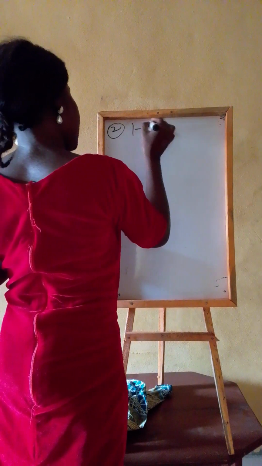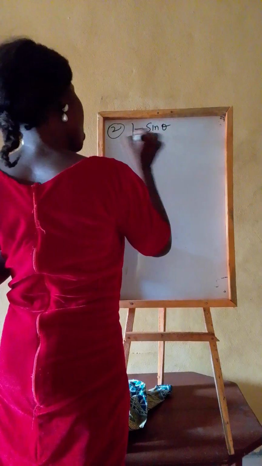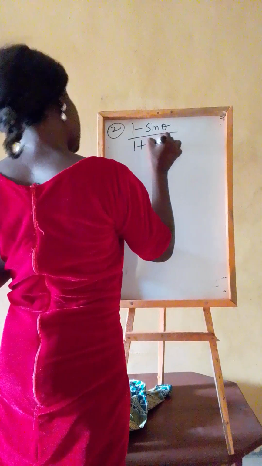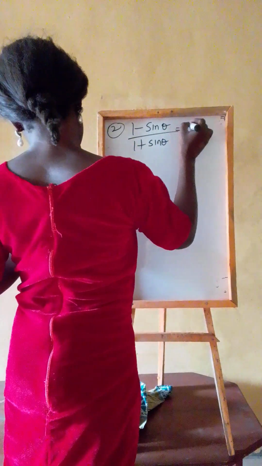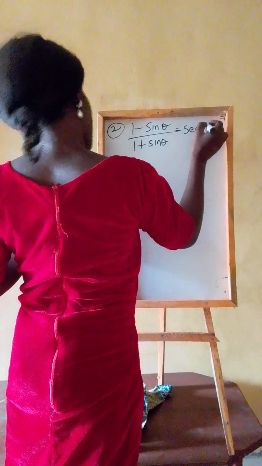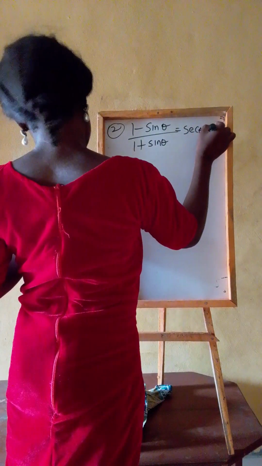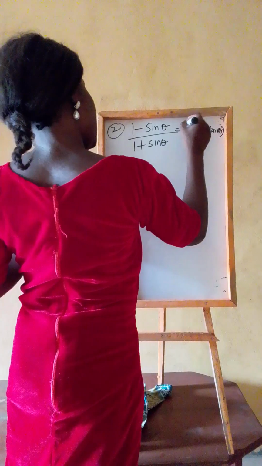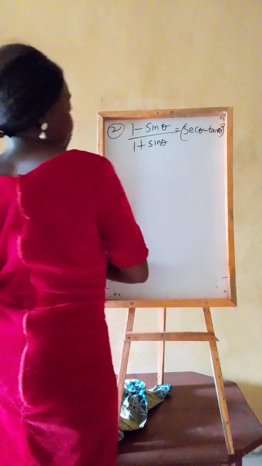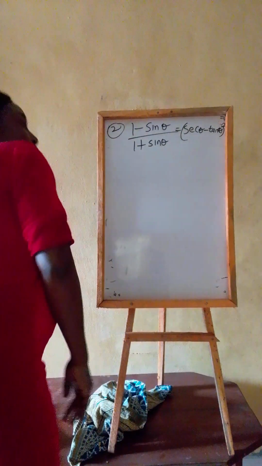We have (1 minus sin theta) over (1 plus sin theta), and that's going to give us (sec theta minus tan theta) squared. So what do we do here?